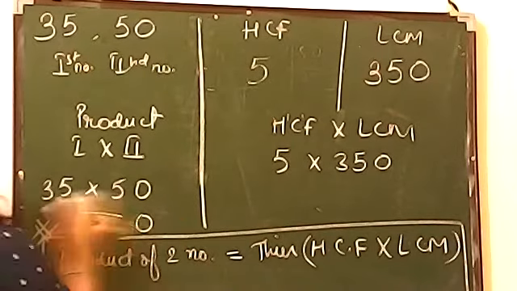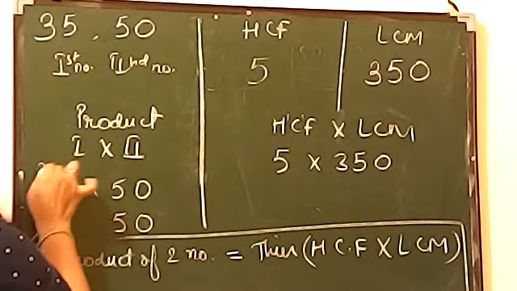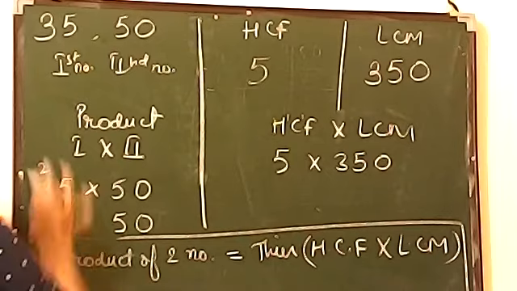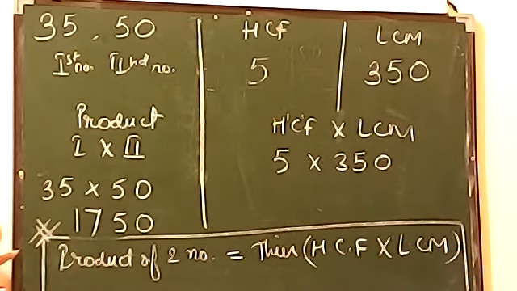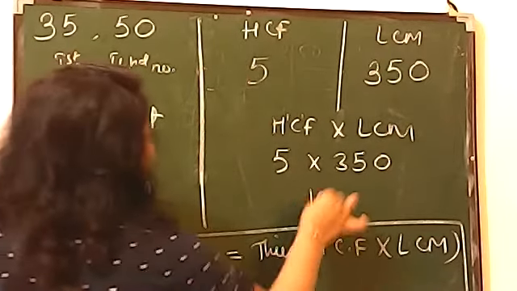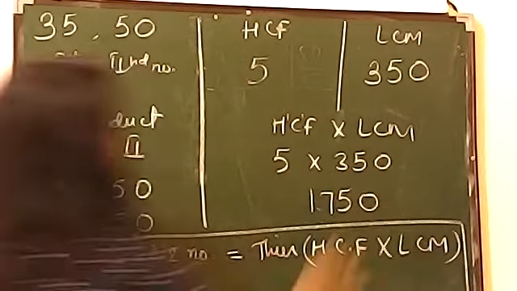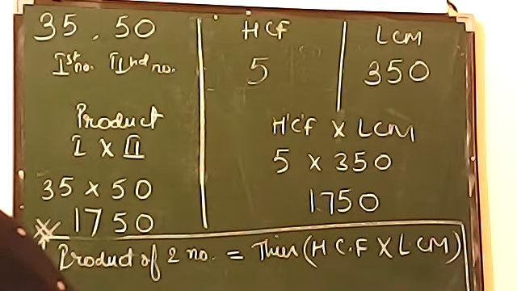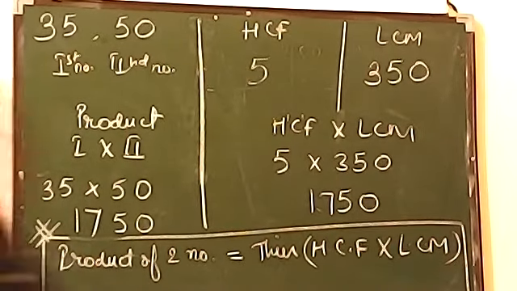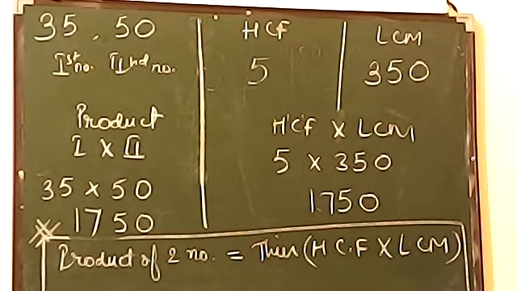It will give you 0, 5 5s are 25, carry 2, 5 3s are 15, 15 and 2 is 17. 1750 is the number which we are getting, and this side also we will get 1750. Tell me, are you also getting equal or not? Yes, you all are getting the same.